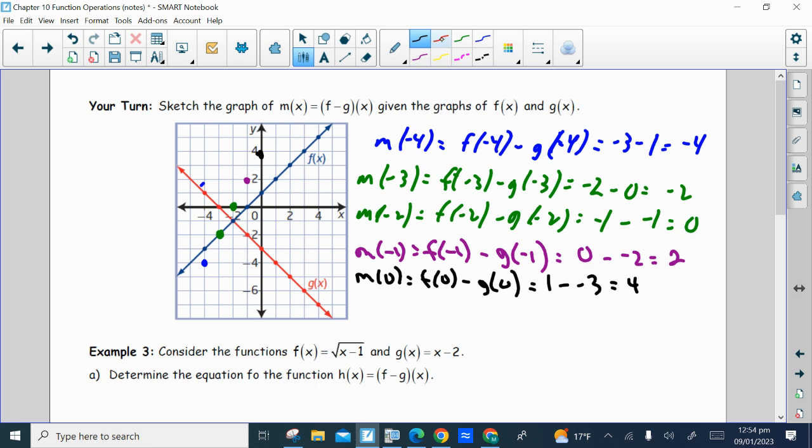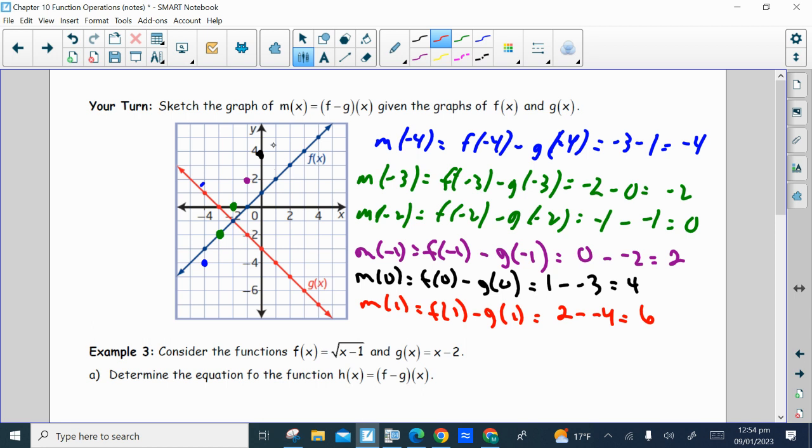Let's do one more. Let's do m at positive 1. So that'll be f at 1 take away g at 1. On the f at x function, f at 1 is 2. On the g at x function, g at 1 is negative 4. Again, the minus minus becomes a plus positive. 2 plus 4 is 6.